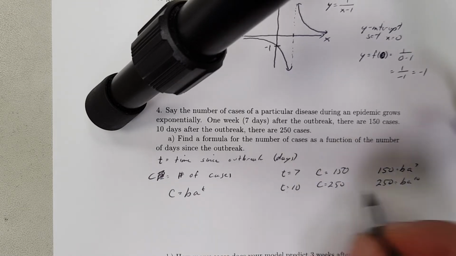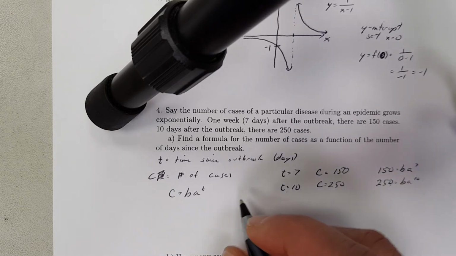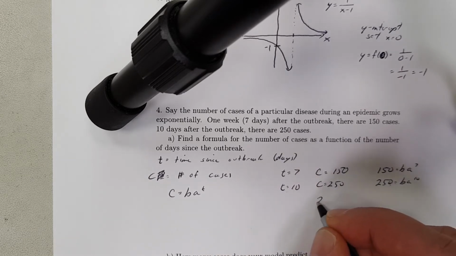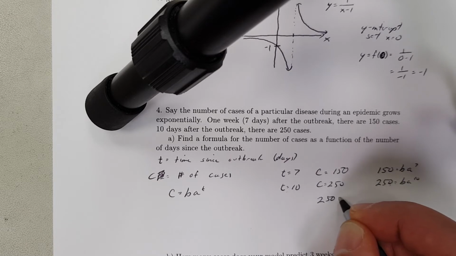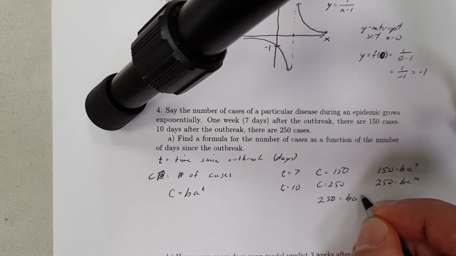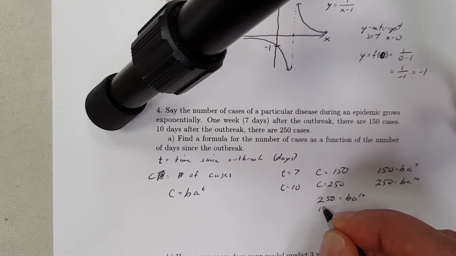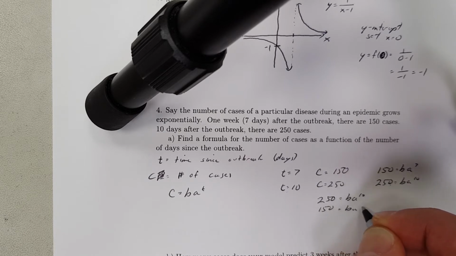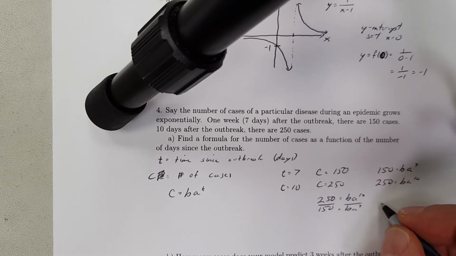What I want to do is take this and divide by that. So let me just rewrite those over here. 250 equals b times a to the 10th, and 150 equals b times a to the 7th. I'm going to take this expression and divide by that expression. 250 divided by 150 is 5/3, I guess.